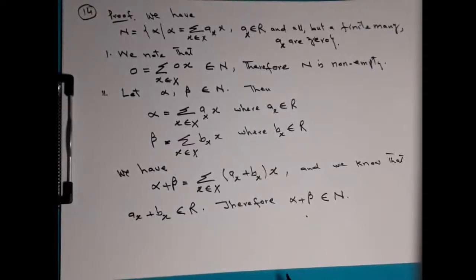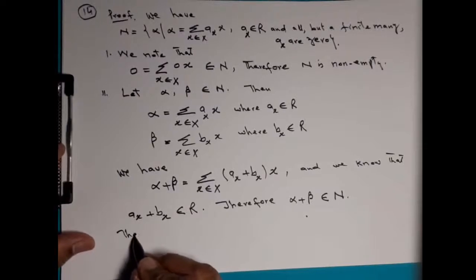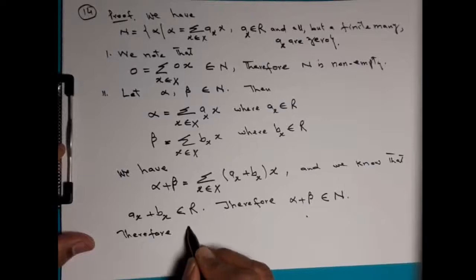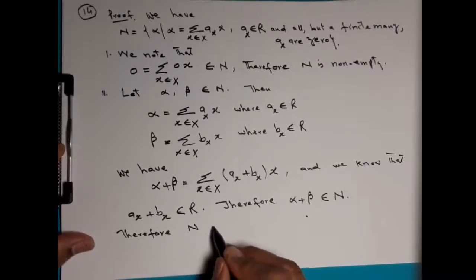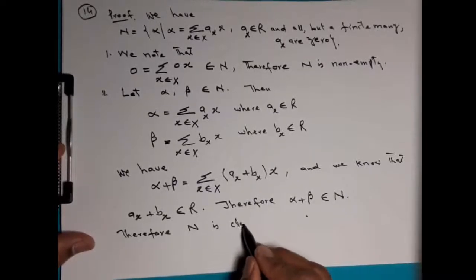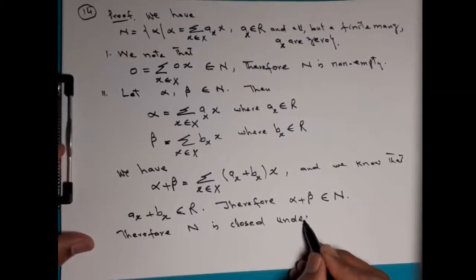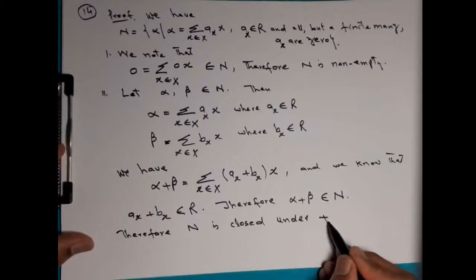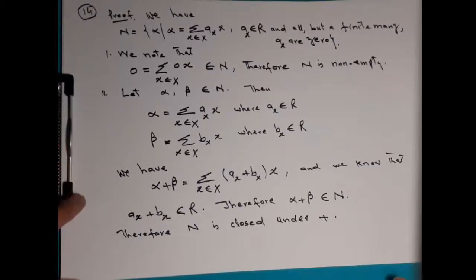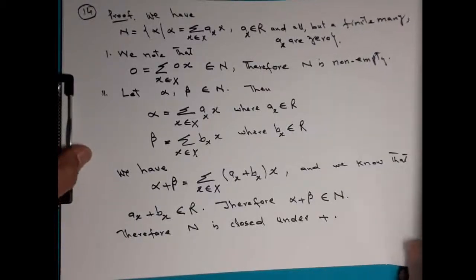It is just obvious. Therefore, N is closed under addition. Secondly, we come to scalar multiplication.